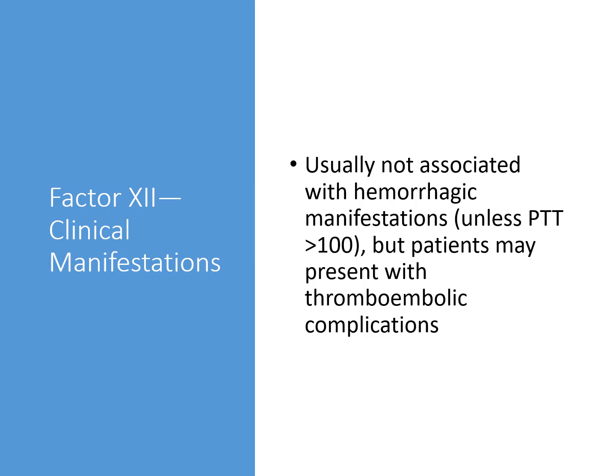But patients may present with thromboembolic complications rather than bleeding complications. And the reason for that is that factor 12 is a contact factor, and contact factors are notorious for stimulating coagulation kind of by accident or unnecessarily.